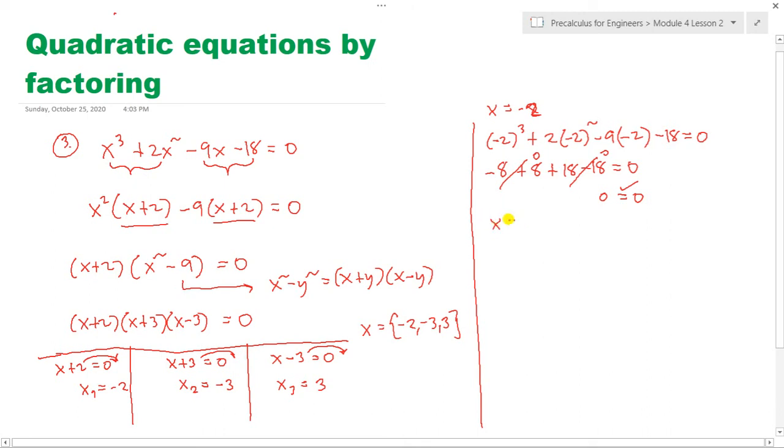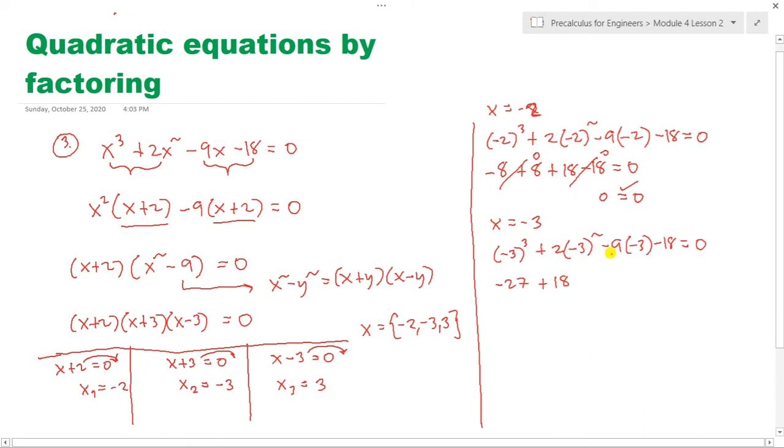How about for x equals negative 3? Plug in the values, or substitute it to our equation. Negative 3 cubed plus 2 times negative 3 squared minus 9 times negative 3 minus 18 is equal to 0. Negative 3 cubed is negative 27. Then negative 3 squared is positive 9 times 2 is positive 18.